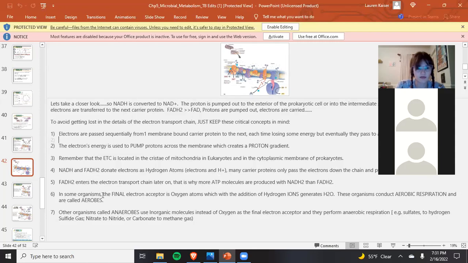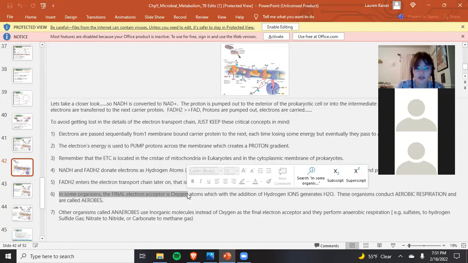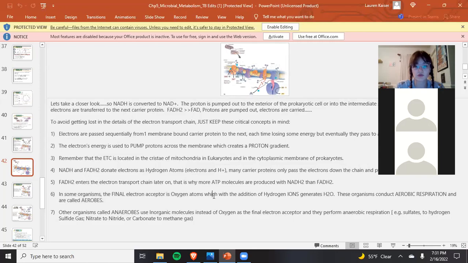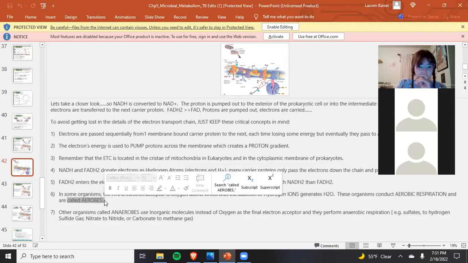In some organisms, remember, not every organism does aerobic respiration, but it's an oxygen atom that creates water, or H2O. And this is aerobic respiration; they're called aerobes, right?